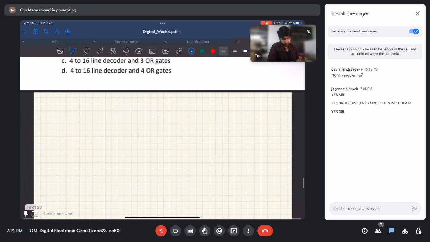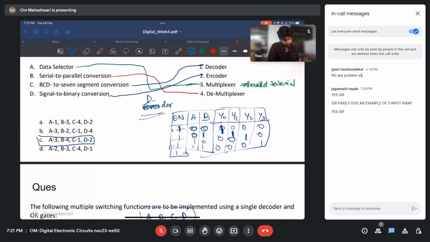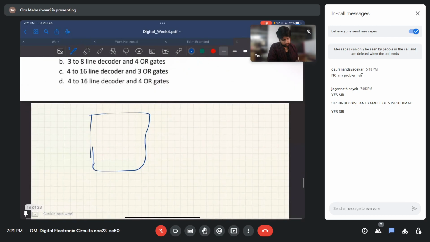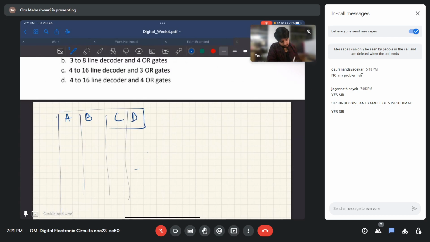Now if we have four variables as input, we need a decoder with inputs A, B, C, and D. If we have n inputs, then we have 2 to the power n outputs in a decoder.